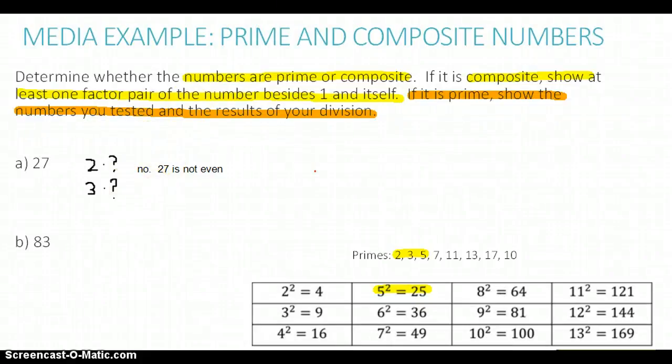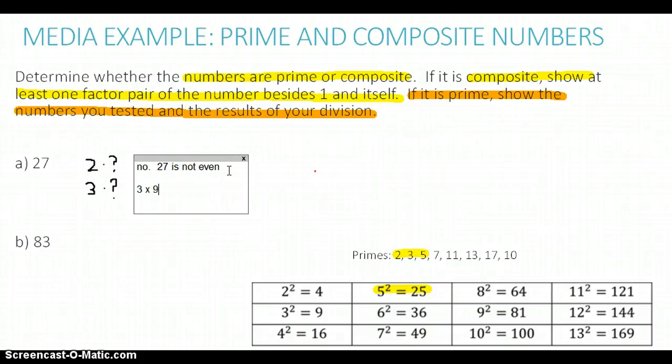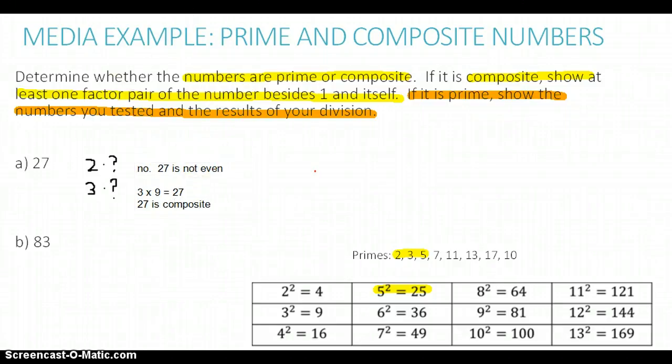So we could write 3 times 9 equals 27, and therefore conclude that 27 is composite. So the good news is, when a number is composite, once you find a factor, you just state the corresponding factor pair, and then you've shown that the number is composite, because a number is composite if it has any factor besides one and itself. Here we found 2 of them, 3 and 9.